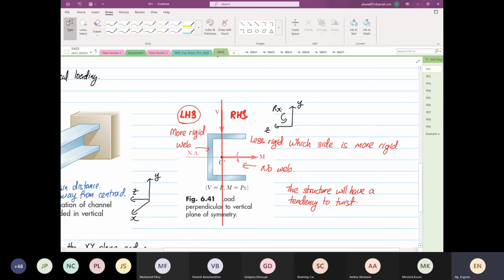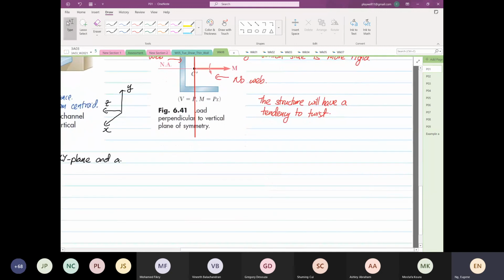So like a typical engineer, how are we going to apply the shear stress equal to VQ over IT?